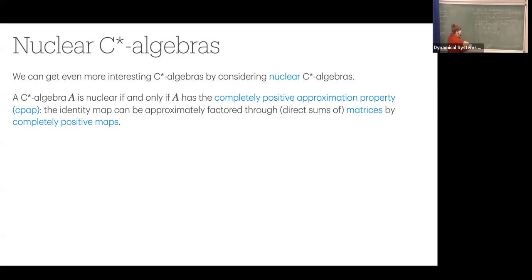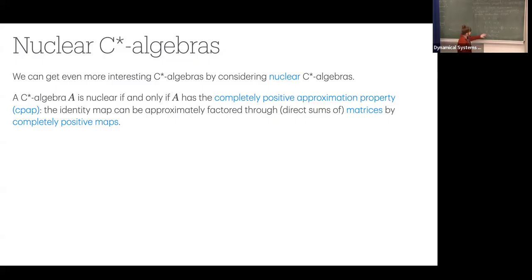You want this to approximate the identity map in the sense that if we take psi composed with phi and apply it to a, minus a, this is less than epsilon for every a in the finite set. The picture one usually draws is that you have the identity map, and this is like a commutative diagram up to epsilon.